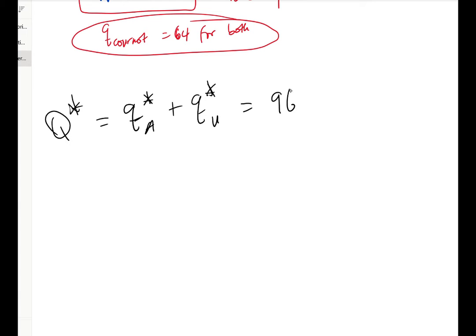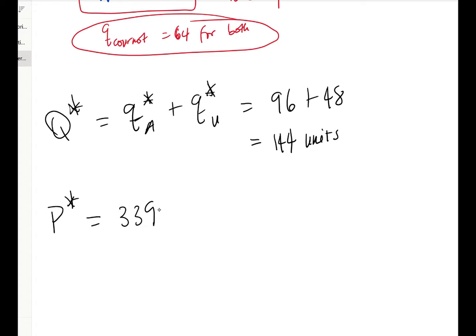So we have 96 plus 48, which is 144 units. Once we have Q star, we can figure out P star, which is 339 minus 144, which is $195. Compared to that, it was 211 for Cournot.